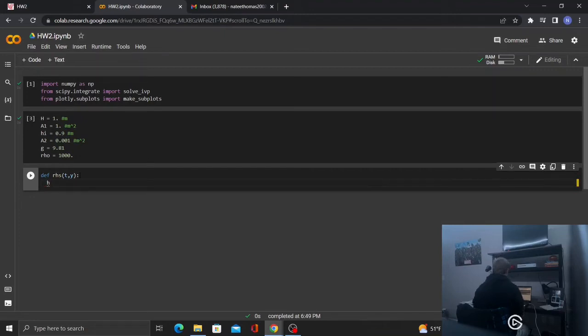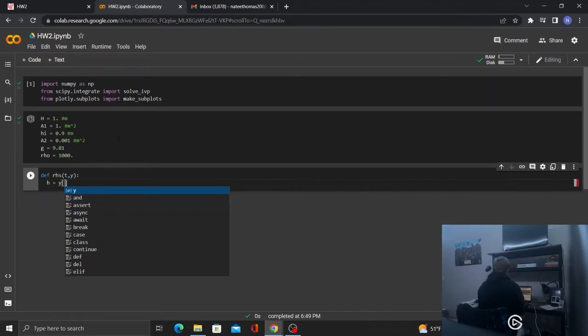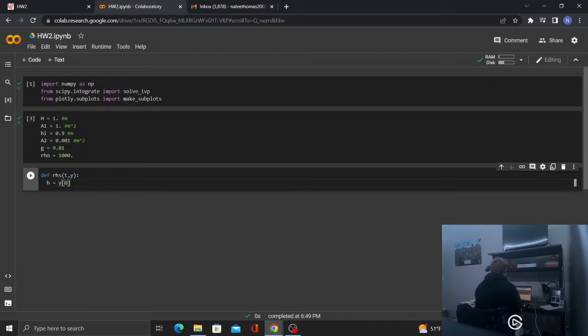That is because we are solving for the height decreasing with respect to time. So again, this height is going to equal an array y value, so we can eventually use the solve_ivp function, which can only be used on an array. And we will only have one value in this, so that's why we will have the 0 index here, since Python starts at an index of 0.